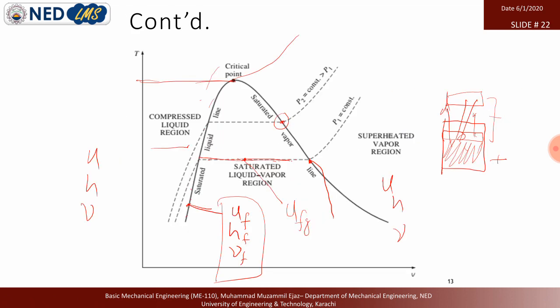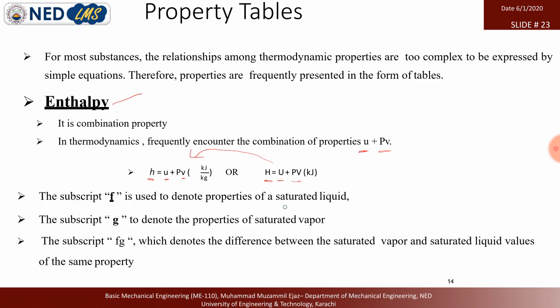And at this point we subscript with ug, hg and specific volume with g. So at this point every property is subscripted with g, at this point with f, and in the middle of these two regions we subscript with the combination fg. This is written over here.